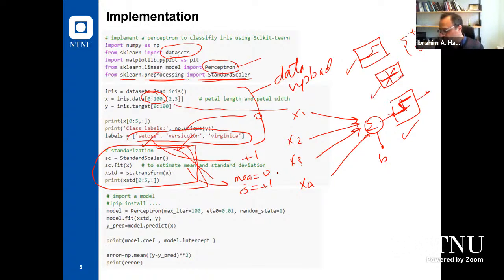After that, we need to get a model. We import a perceptron from sklearn.linear_model, so model equals Perceptron. There are lots of options here; you can define many things, for example the maximum number of iterations, the learning rate, and the random state. You can also select the validation ratio, because when we train the model, we validate the model.